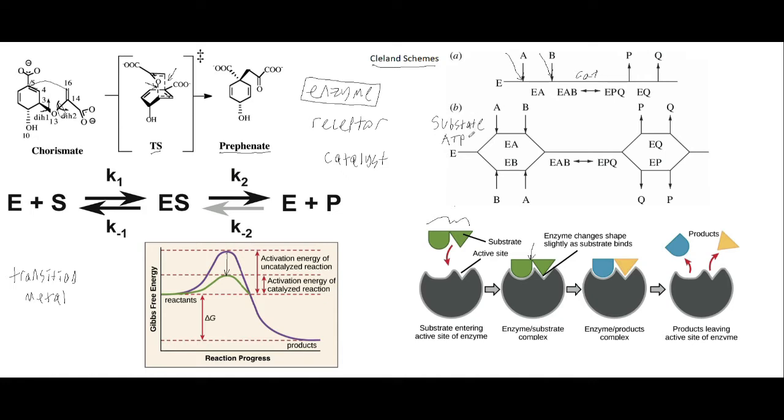And so it might be the case that ATP will bind first, and then that opens it up for the substrate to bind. Or it might be the other way around, where we have our substrate bind, then that opens the enzyme up for ATP to bind.